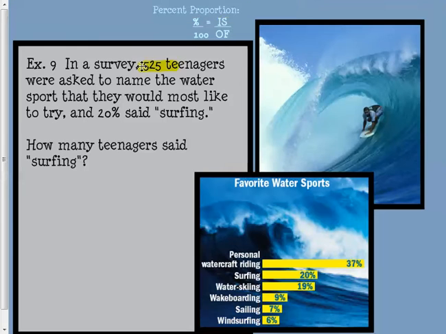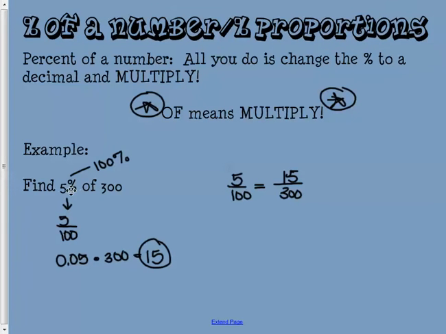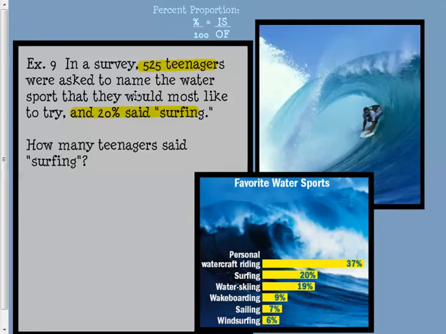In a survey, 525 teenagers were asked to name the water sports that they would like to try. 20% said surfing. How many of these were teenagers that said surfing? So we know the total. This brings us back all the way to the first slide. Find 5% of 300. And we just multiplied. So in this case, we want to find 20% of 525.